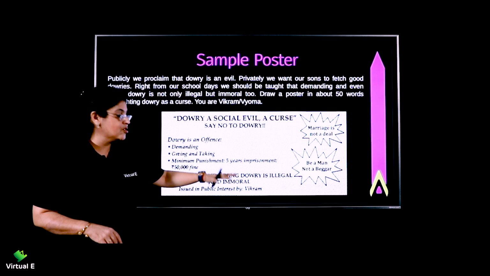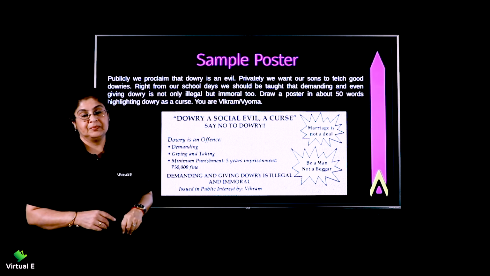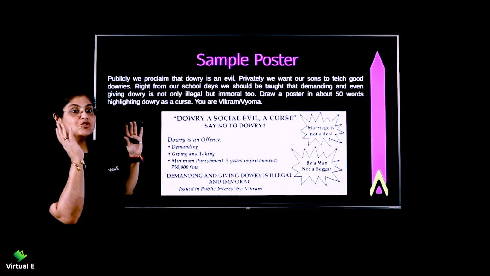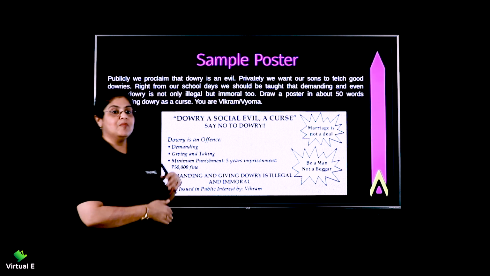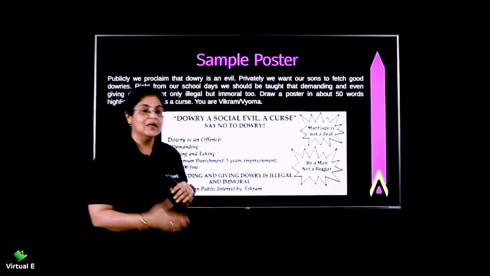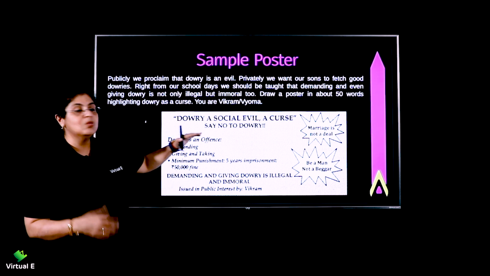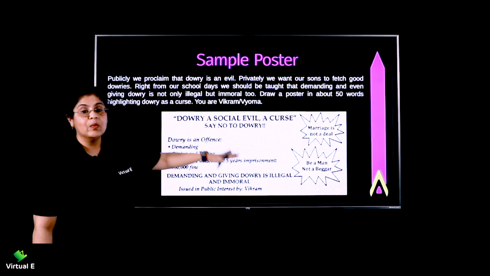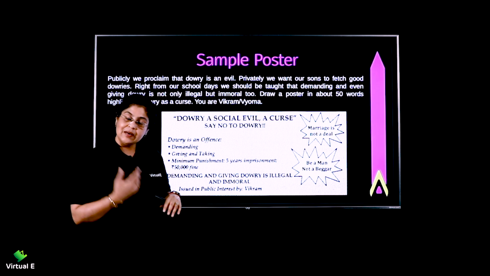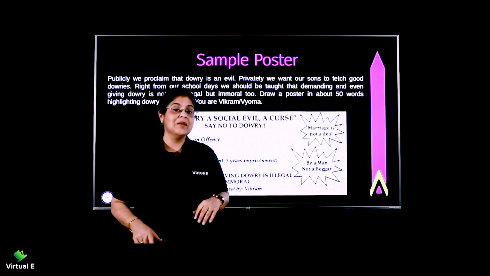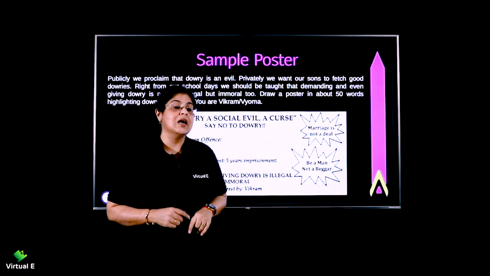Issued in public interest by Vikram. Now, do you see? It draws your attention. For those who are giving and taking, or planning to get married, the youngsters who are eligible, when they come across this, these are eye-openers. They are eye-catching, yes, but at the same time, such posters are even eye-openers.